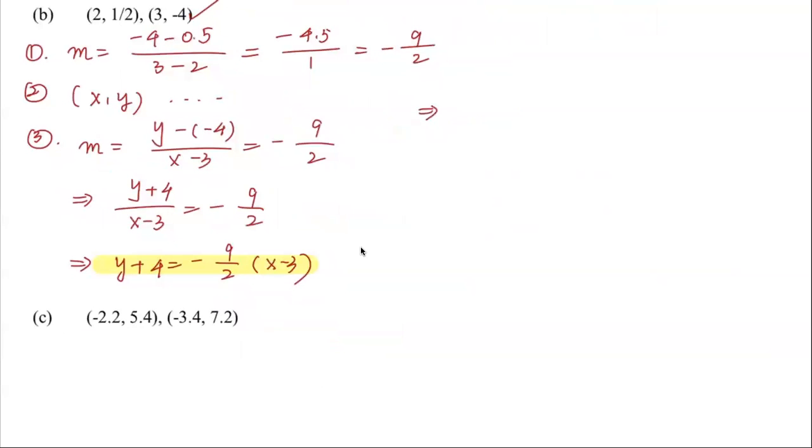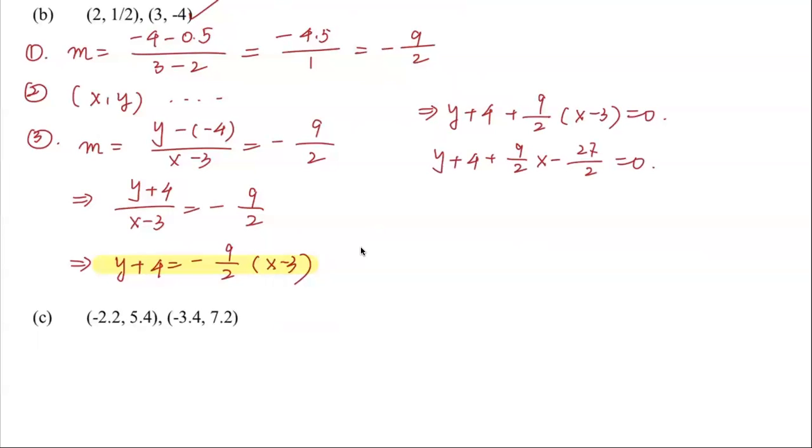So y plus 4 plus 9 over 2 times x minus 3 is equal to 0, right? Now we open the brackets: y plus 4 plus 9 over 2 times x minus 9 over 2 times 3, that's 27 over 2, equals 0, right?